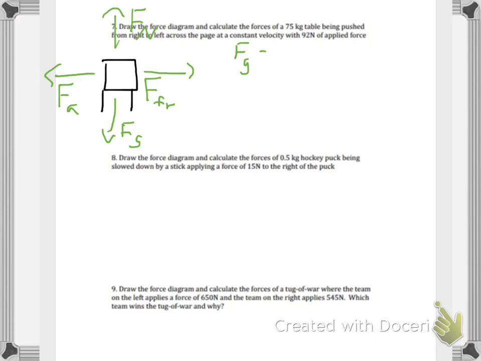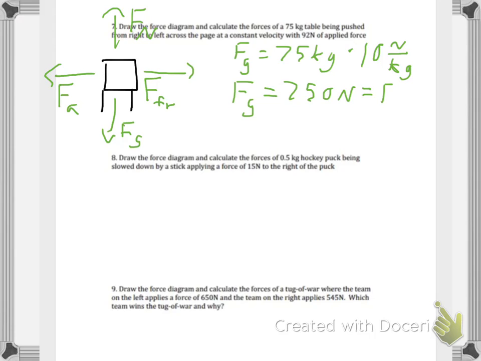force due to gravity is the mass, 75 kilograms, times the gravitational field strength of 10 newtons per kilogram, for a total force due to gravity of 750 newtons, which then must equal the normal force.